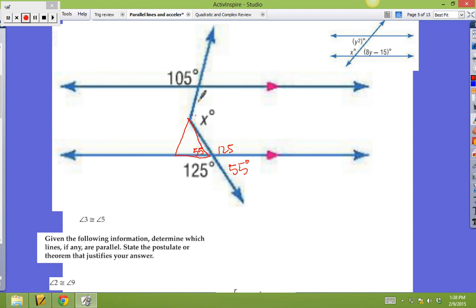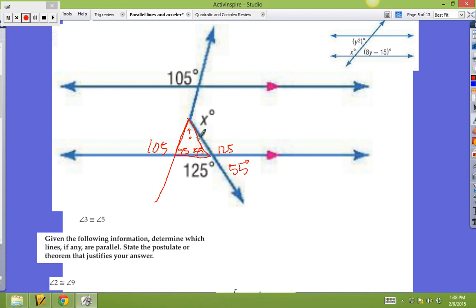Now, if this is 105, then this is also 105 because they're corresponding. So 180 minus 105, that means this has got to be 75. And now the only one left is this one. So in a triangle, 3 angles add and give you 180.